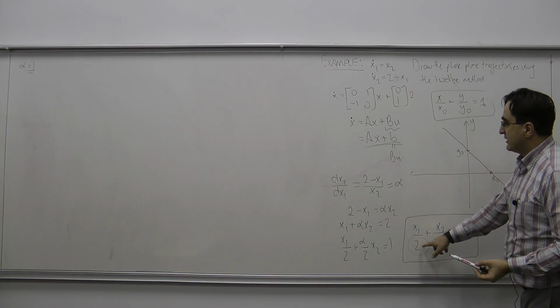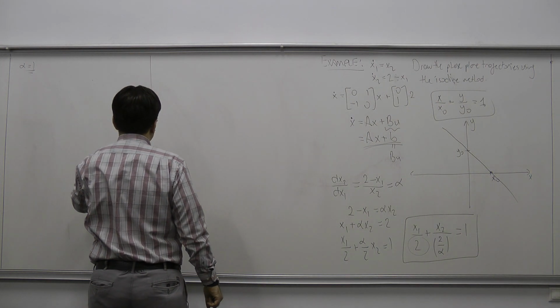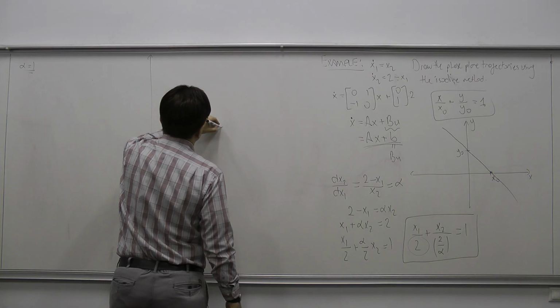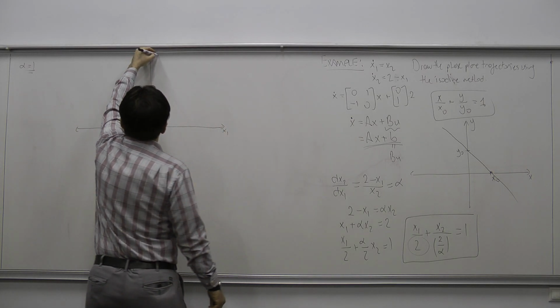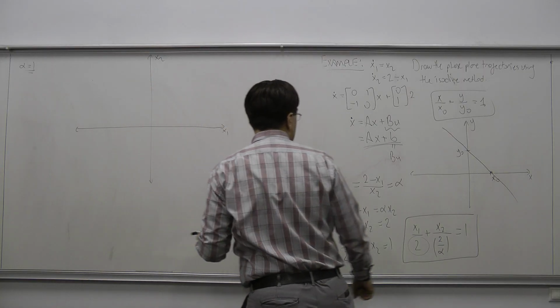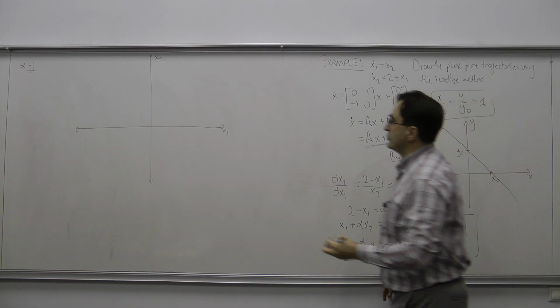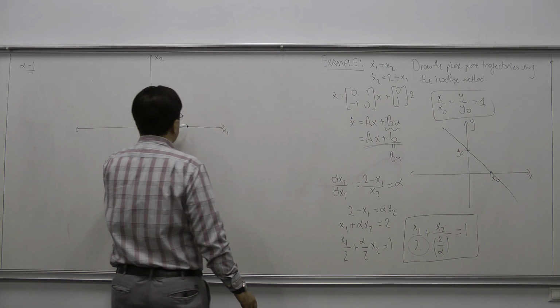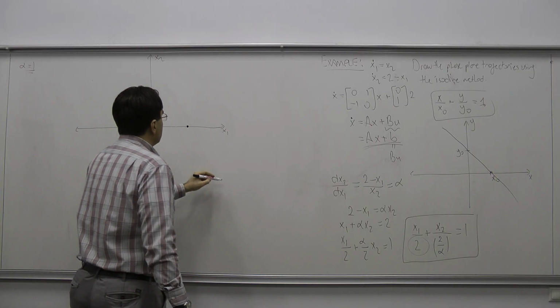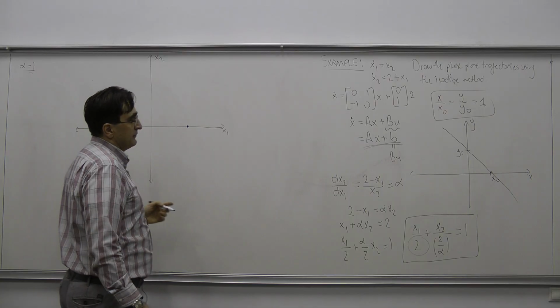So if I draw my x1, x2 axes like this, then the x1 intersection would always be at 2. Let us say that this is the point 2. The lines that I'm going to draw are always going to be passing through this point for different alphas.